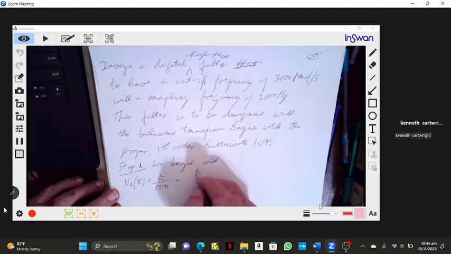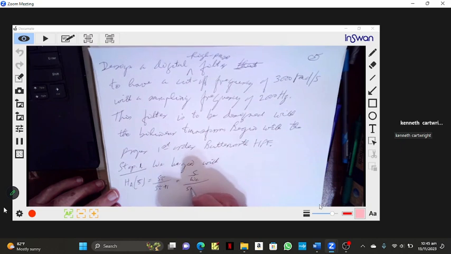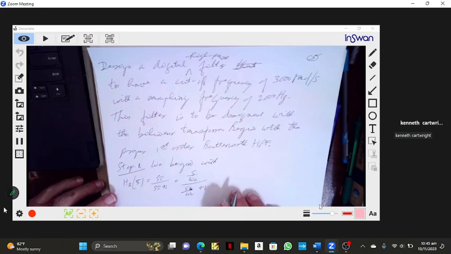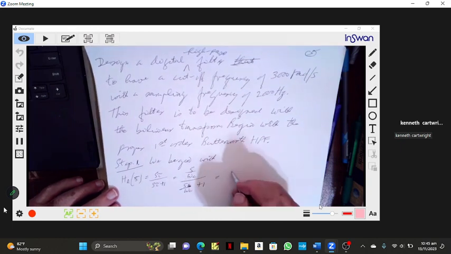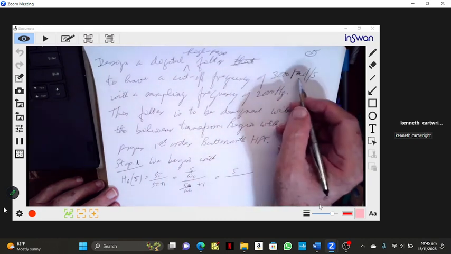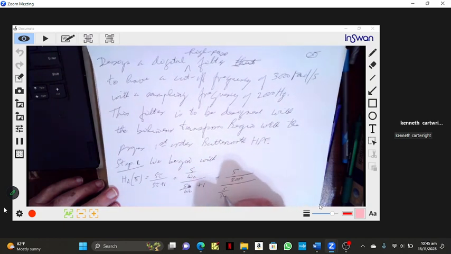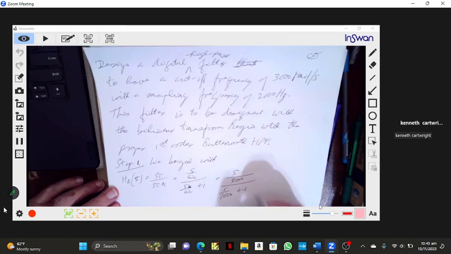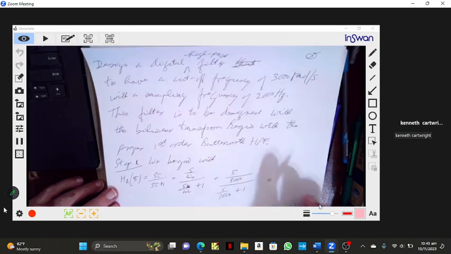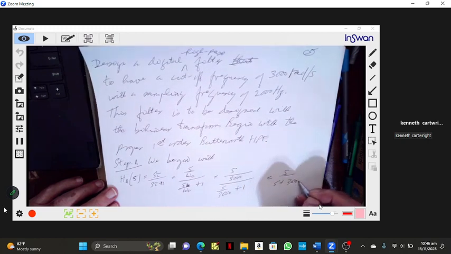And tau is 1 over omega C. And omega C is 3,000 rads a second. So S over S plus 3,000.